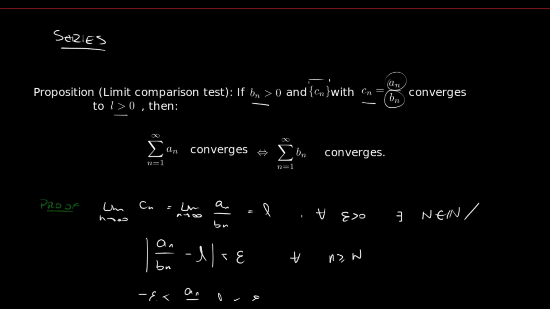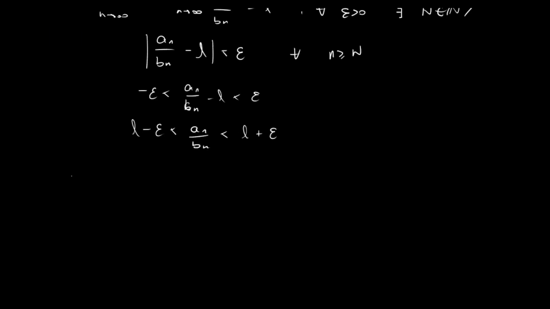If we remember our hypothesis, b sub n was greater than 0, so we can multiply by b sub n, and we have (L minus epsilon) times b sub n smaller than a sub n, and smaller than b sub n times (L plus epsilon).